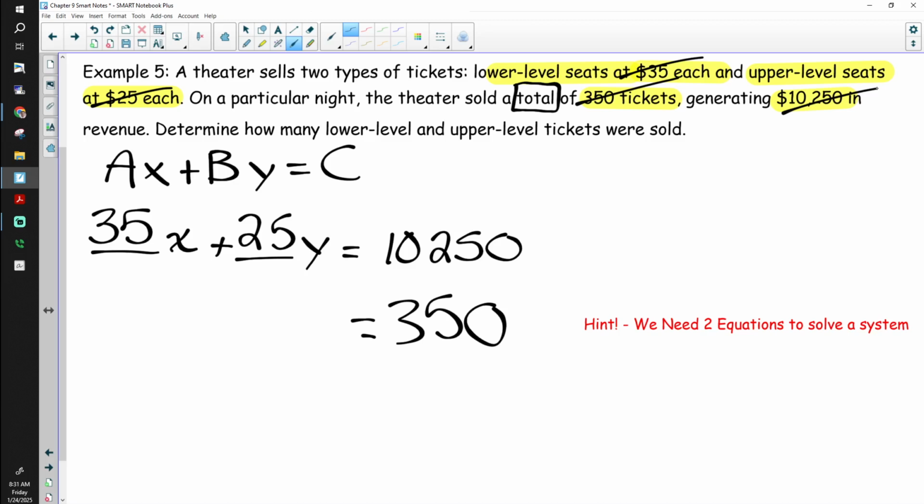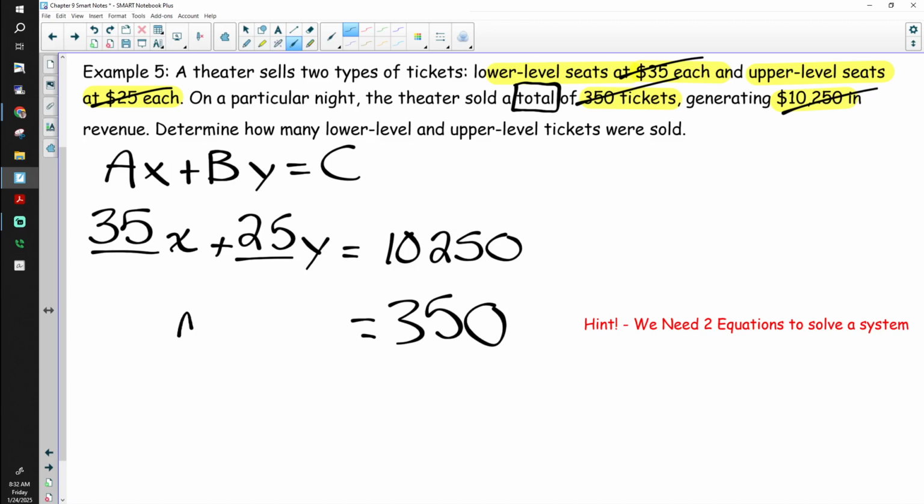So what possibly could go on that left side? X and Y. X are my lower level tickets. Y are my upper level tickets. If I add all the lower level tickets that were sold, plus all the upper level tickets that were sold, then altogether I will have sold how many tickets?